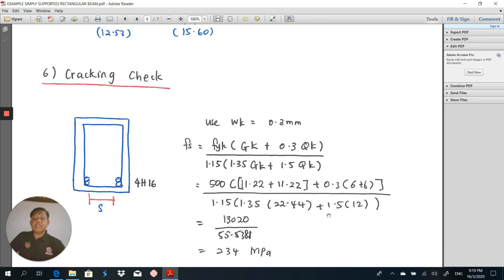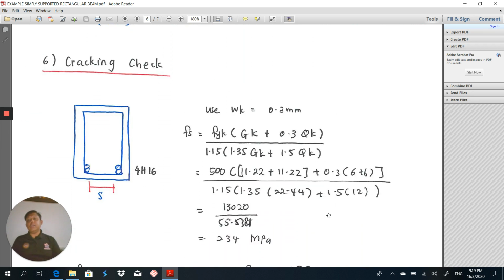Next is the last check for the serviceability, which is the cracking check. We have to draw this section in order to know how many spacings we need for the reinforcement arrangement. In my case here, I'm providing 4H16. Therefore, I arrange my reinforcement with 2 reinforcement at the left, 2 reinforcement at the right.